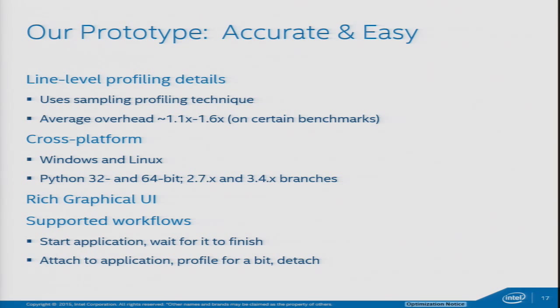Well, it sounds scary, but it's actually the default benchmark for the Python distribution. And the overhead is, I can say it's not that small, but it's pretty decent. Right now it supports Windows and Linux. It supports 32 and 64-bit Python. You can read the slides for the rest.